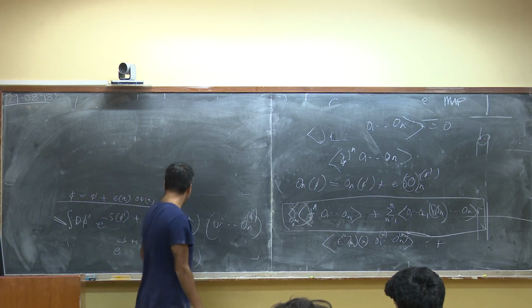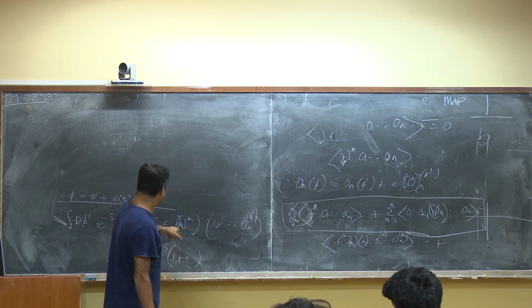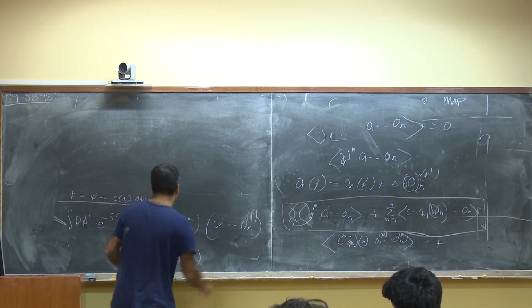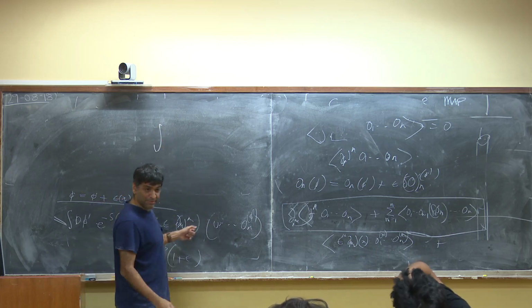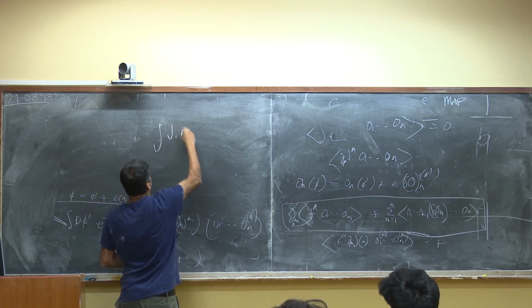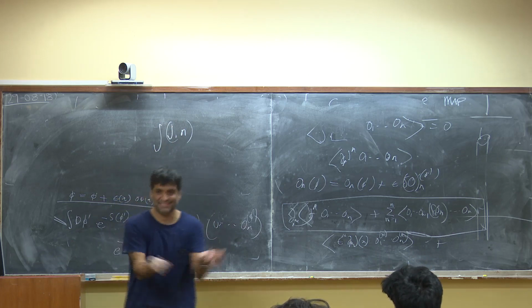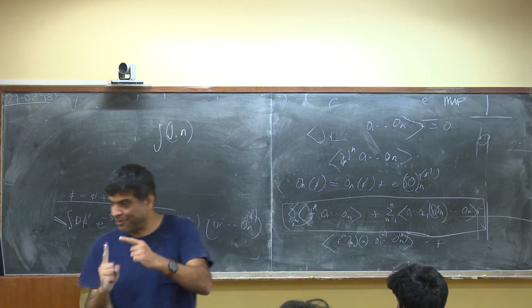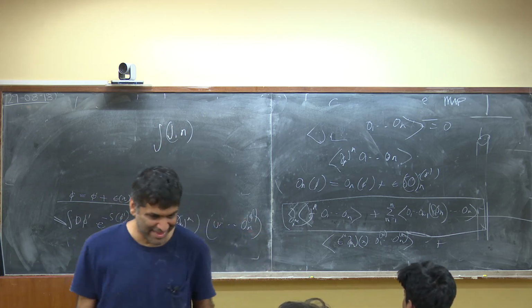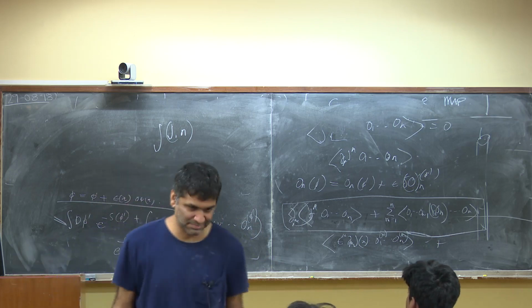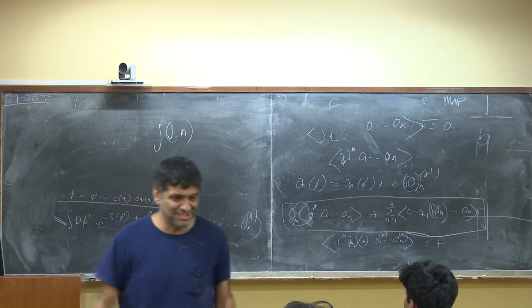So one of the things that we conclude is that, of course, since del mu j mu is equal to 0, j dot n integrated over space, where n is the normal vector to your spatial slice, is a constant. The usual thing, that's the charge.